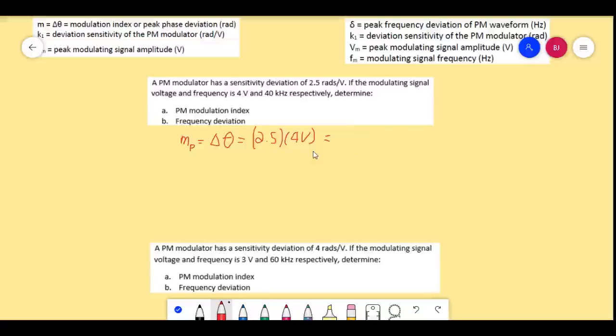So we multiply the two together, 2.5 multiplied by 4, which will be equal to 10 radians. So among the modulation indices, this is actually the only one that has a unit. The modulation index for AM and FM are unitless, but for PM, it would be radians or rads.